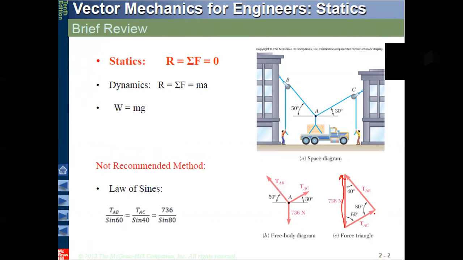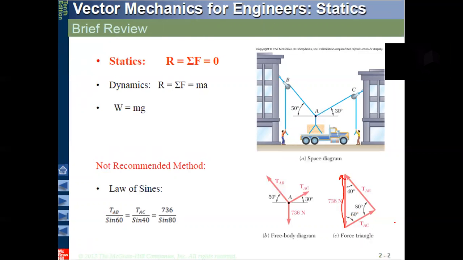In this case, without decomposing the vectors into components, you can calculate the forces by the law of sines, which says each force or each vector divided by the sine of its opposite angle.